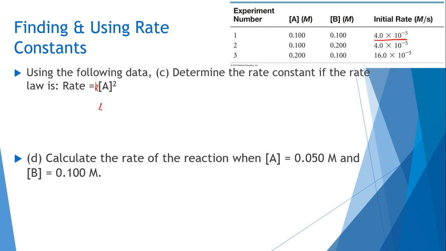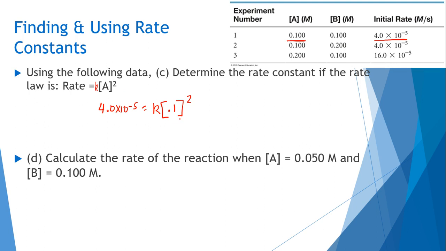My rate was 4.0 times 10 to the -5th. And again, you could have used any of these. This is going to equal your k value. And if I use the first rate, that means I have to use that concentration. So here my A concentration is 0.1, and my rate law is telling me to make sure I take that to the second power.